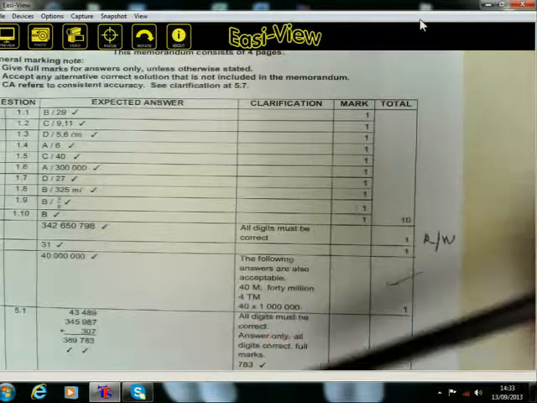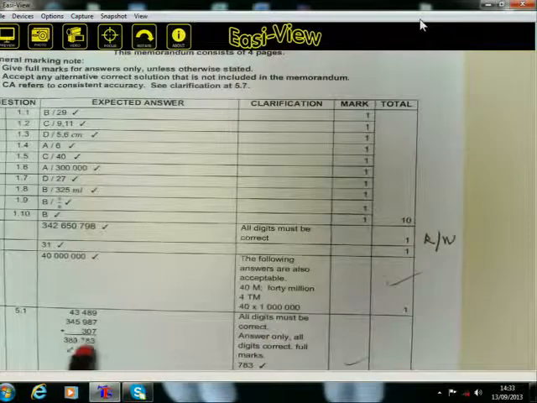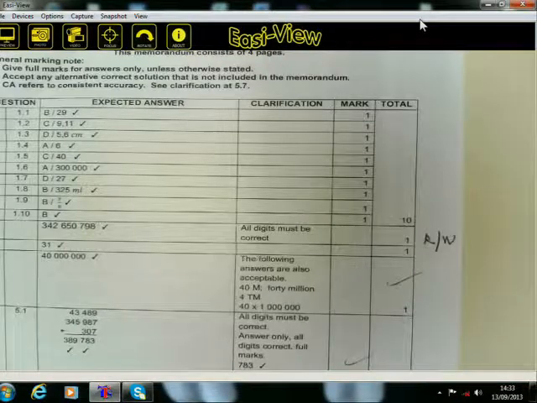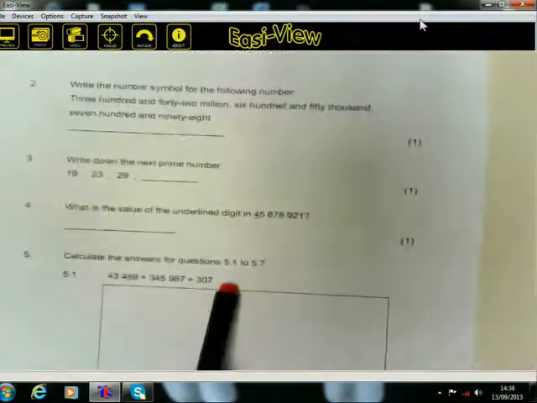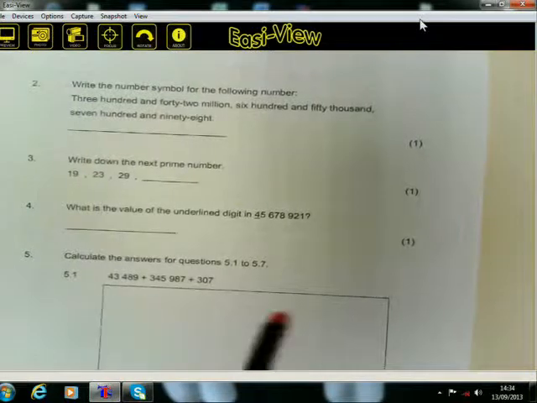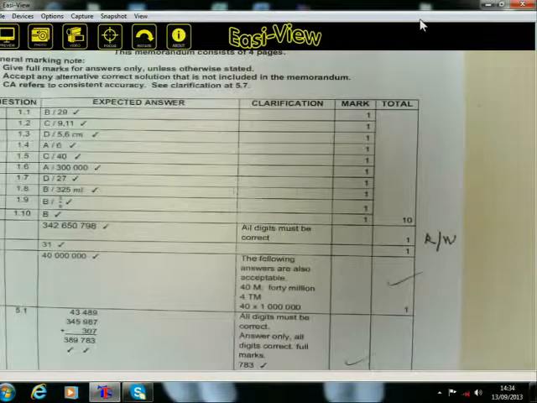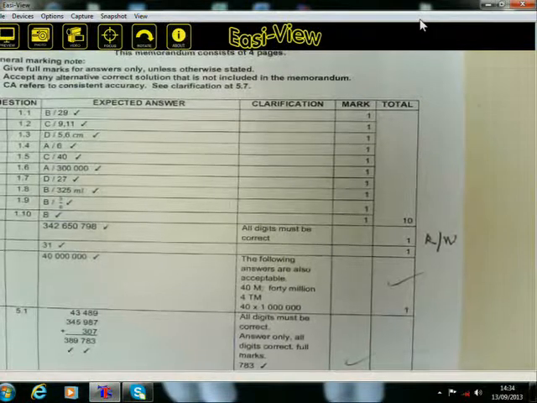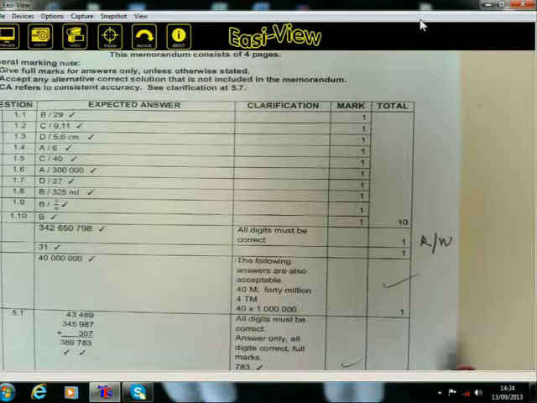Answers only, yes. Here is another one. If a learner has written only the answer, you see there they have tabulated the numbers horizontally, and then the learner takes these numbers and just writes the correct answer there. If all the digits are correct, then you credit him or her full marks. That is 2 marks.